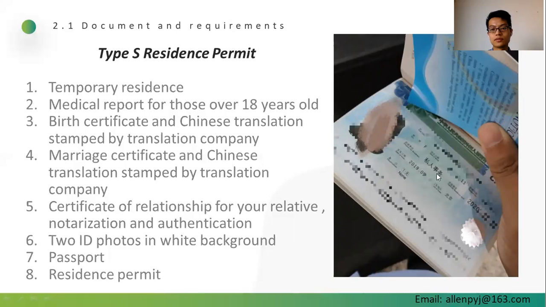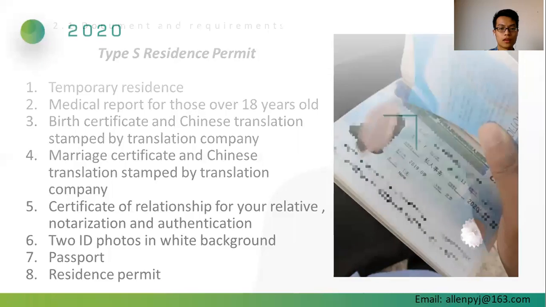This is the sample. And as I just mentioned, the validity of your family's visa will be basically the same as your work residence permit, which is mostly 1 year.